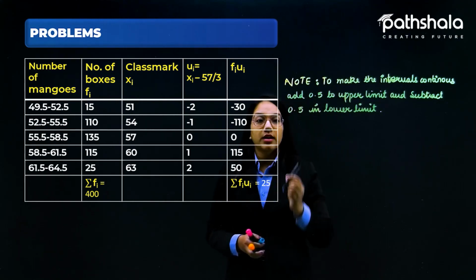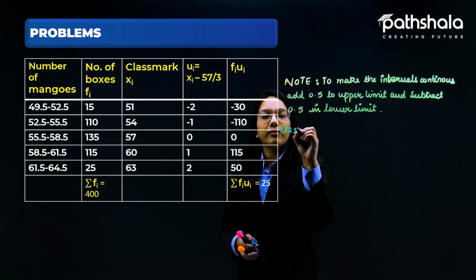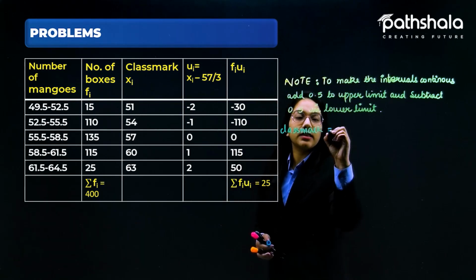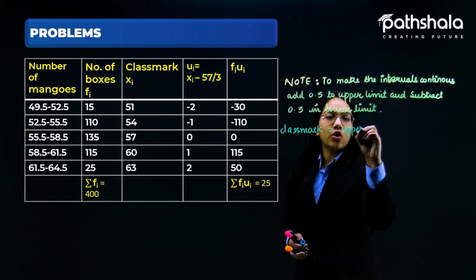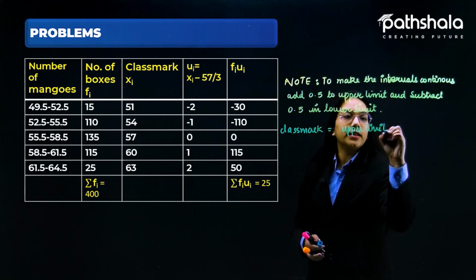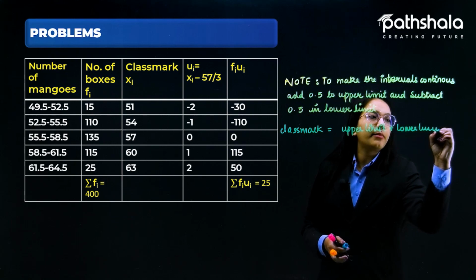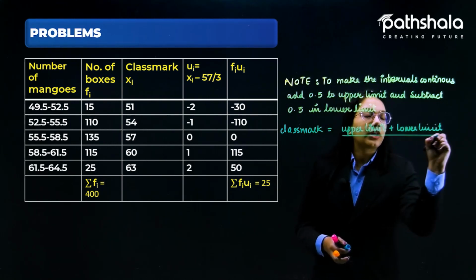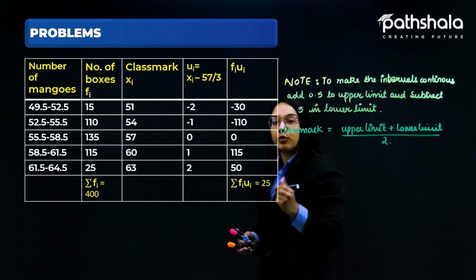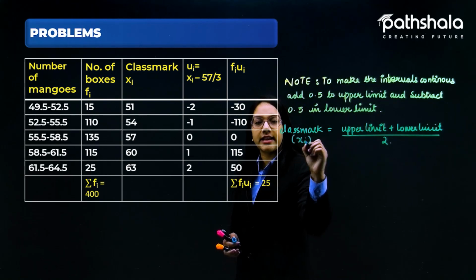Now let's talk about the class mark. We already know how to find the class mark. The class mark is the average of the upper limit and the lower limit, so upper limit plus lower limit divided by 2. The class marks are represented as xi.